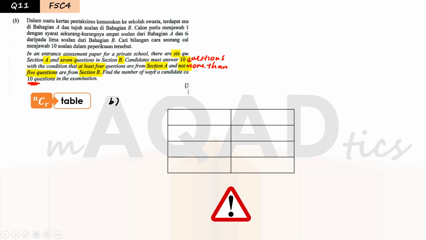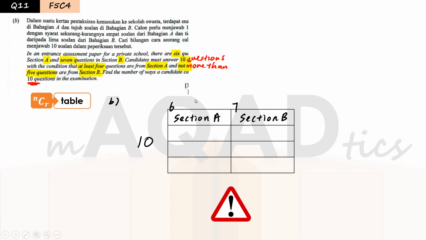One is coming from section A and the other is coming from section B. So in this table, on the top left, I'm going to put the number of questions in section A, which is 6. And here I'm going to do the same thing, the total number of questions in section B, which is 7. And on the left side of this table, I'm going to put the total number of questions that you need to answer, which is 10.